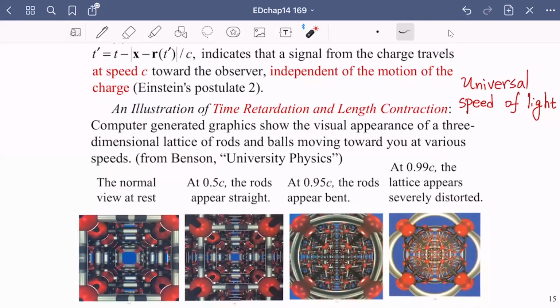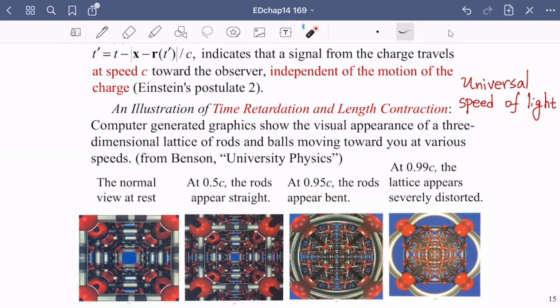Computer generated graphics show the visual appearance of a three-dimensional lattice of rods and balls moving toward you at various speeds. 就是有一个结构，有球，有棒子，这个系统向你靠近。Normal view, 如果速度不够快的话，你看起来就是这样子。速度快一点，0.5 倍的 c，看起来还是很像。At 0.95 the speed of light, the rods appear bent, and the balls are also distorted due to length contraction.